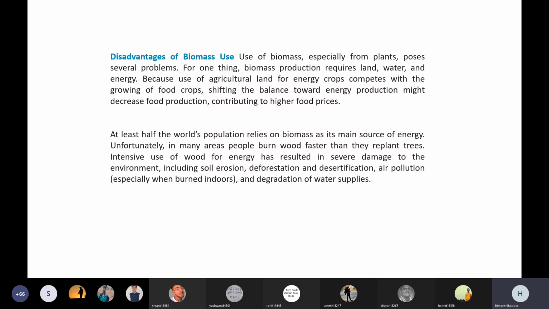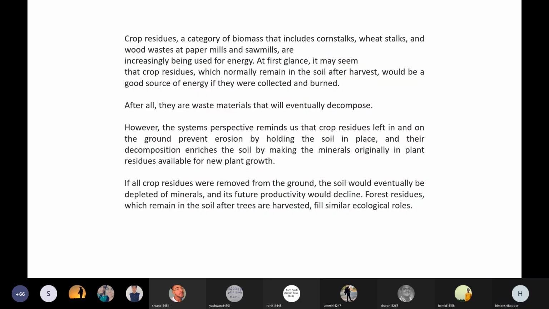So that carbon will directly come to the atmosphere. So basically we have to plant more and use less. Then only biomass would be a very efficient source of alternate energy. Clear?